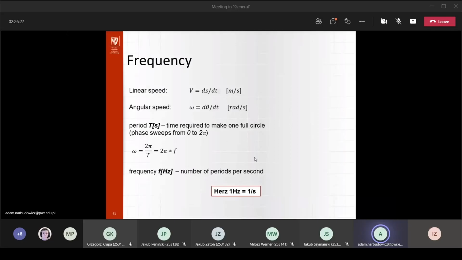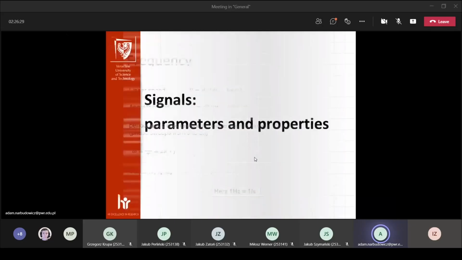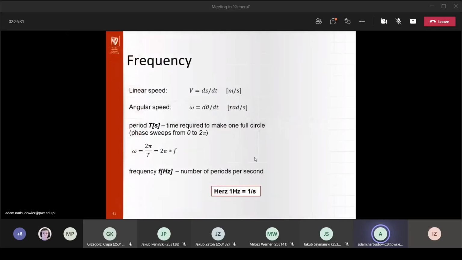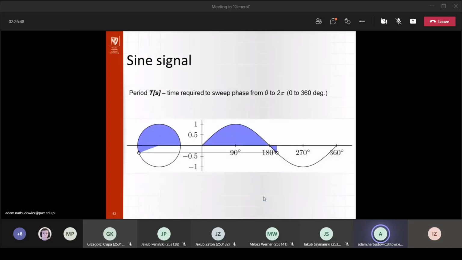So hopefully you know that we have some sort of signal or periodic signal that can be characterized with linear speed, angular speed, and so on and so forth. That's basically a sine. It can be described by hertz, which is number of periods per second, right? And that's more or less how it works.